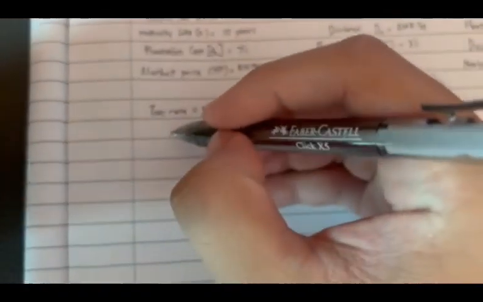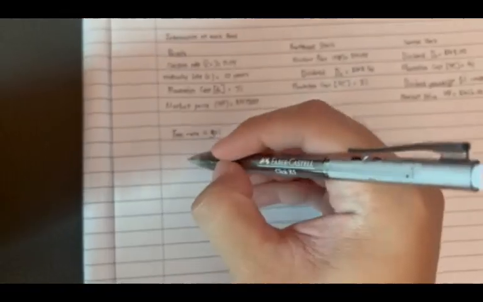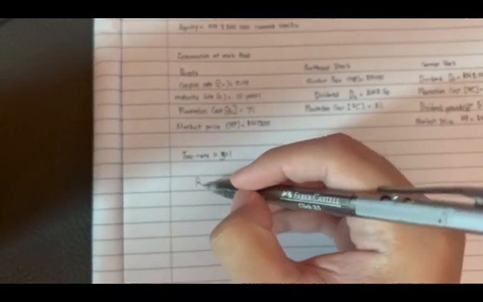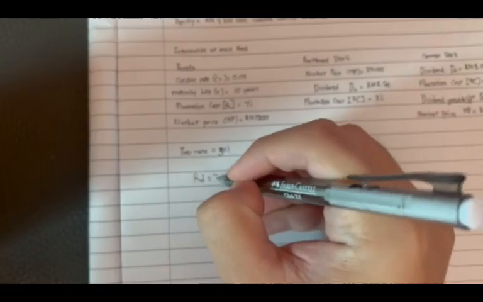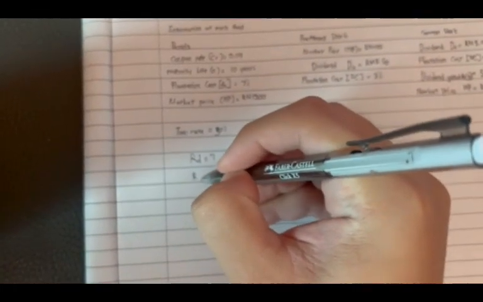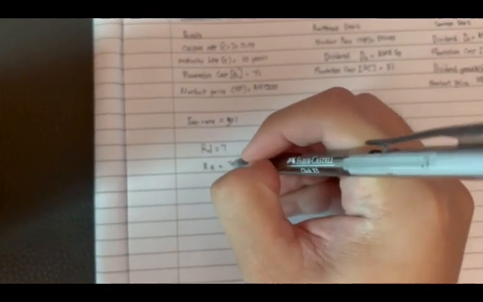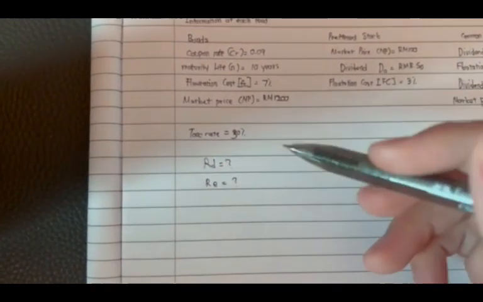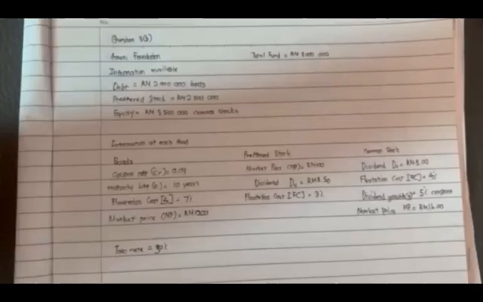Basically, we don't have all the information for RD and RE, so we need to find this missing information. We will begin to find the solution.